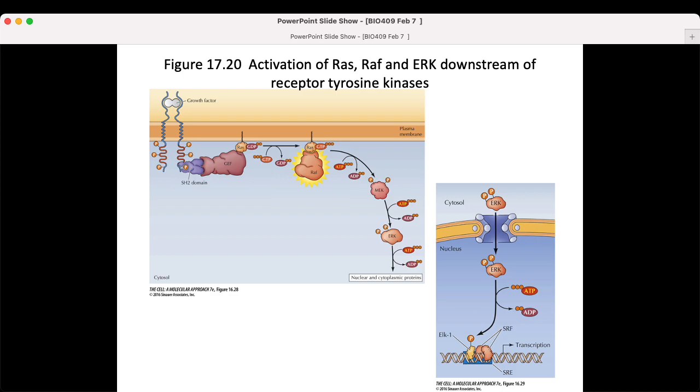It's activated with exchanging GDP for GTP. It's active as long as it's bound to GTP, and it inactivates itself by catalyzing the hydrolysis of GTP to GDP, and we're back at the start. So it's a cycle of activation, inactivation, and you'd want to know that.